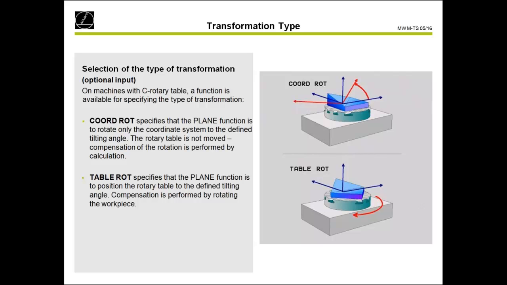Table rotation says the coordinate system will not do a movement, but the rotary axis will be moved, so that you have once again the angle on your workpiece. So coordinate rotation or table rotation is only active when you just program an SPC angle. Because if you program SPA or SPB, then the control needs to move the table or the head to get the correct angle.